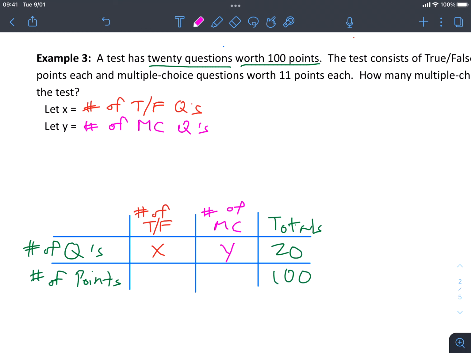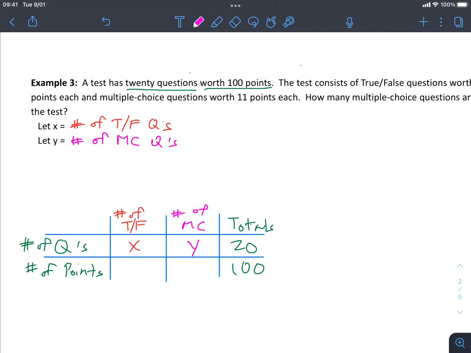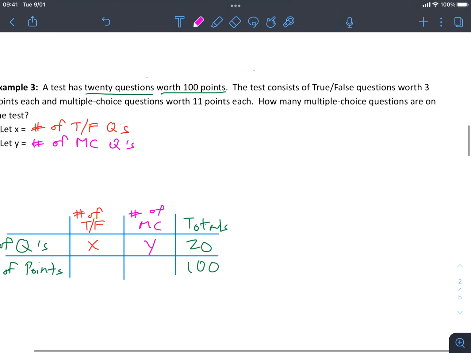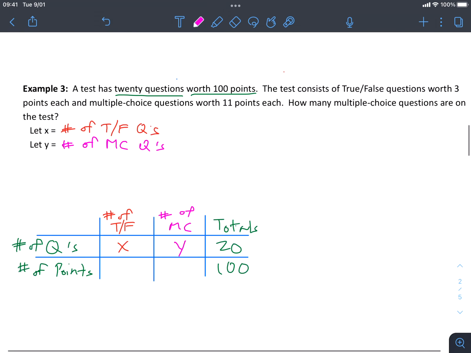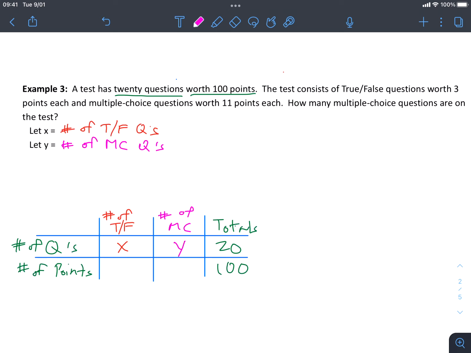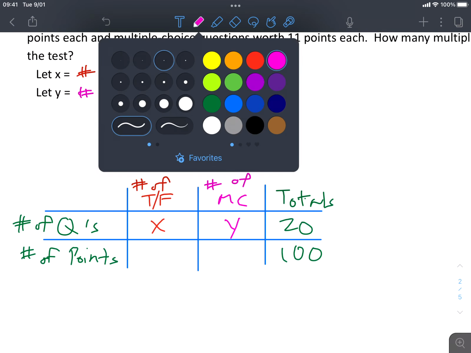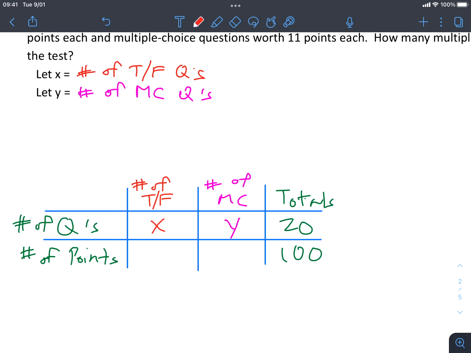If we look at the number of points, we can see that 3 points come from each true and false question, and 11 points come from each multiple choice question. So in other words, to find the total number of points coming from true and false questions, we would take 3 times X, right?